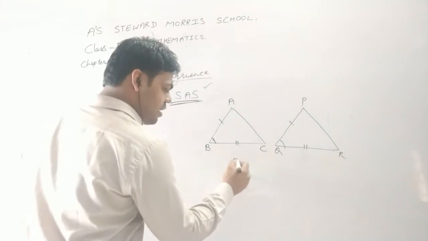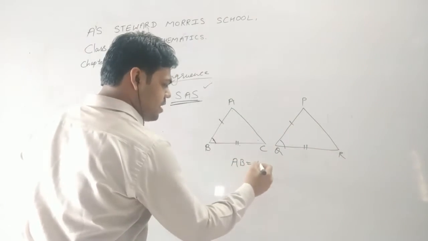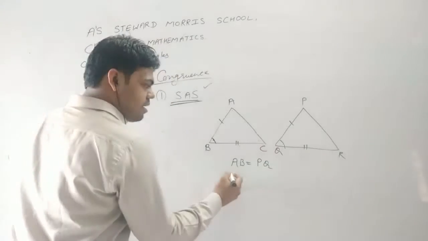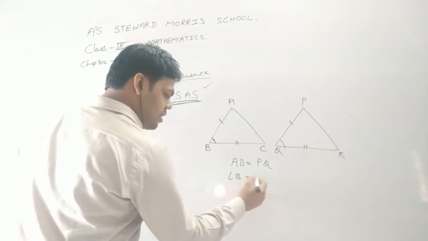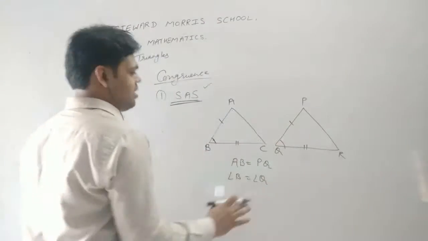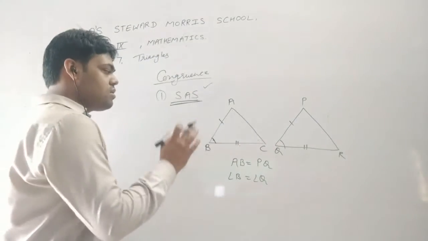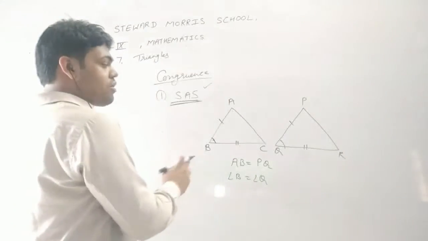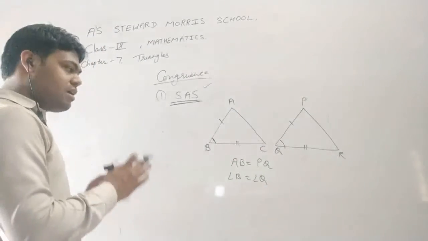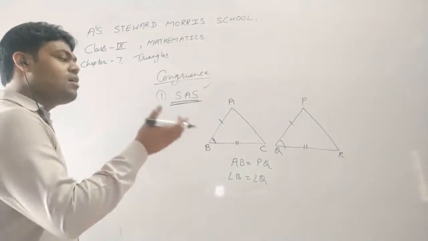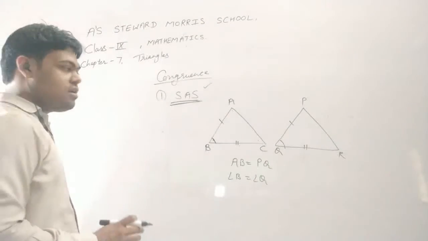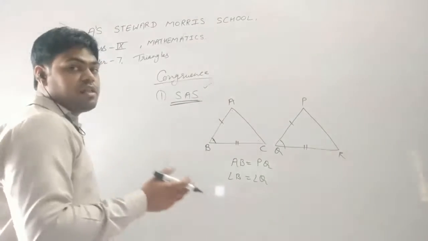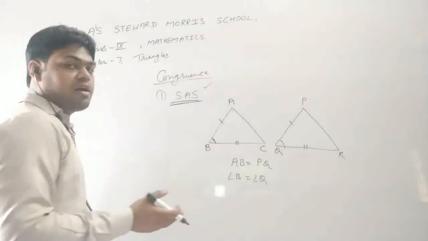What statement do we have to write here? In this case, if AB and PQ are equal, the second part is angle B equals angle Q. All these 3 things are given here. In this case we are checking the theorem part, right? These are the basic concepts, but in questions, some things will be given and we have to find the other things, like common sides and other relations such as alternate interior angles, corresponding angles, and many more.